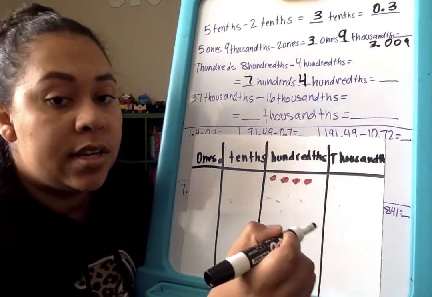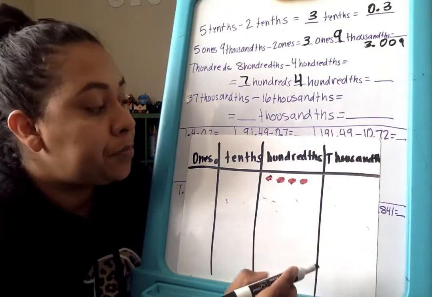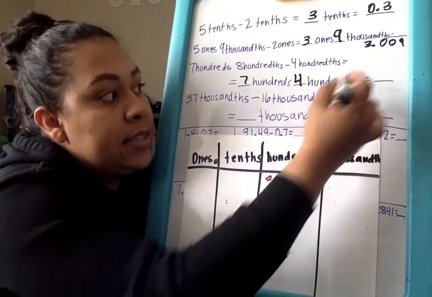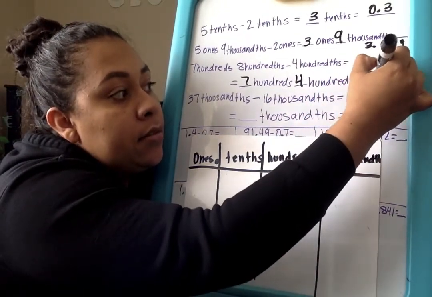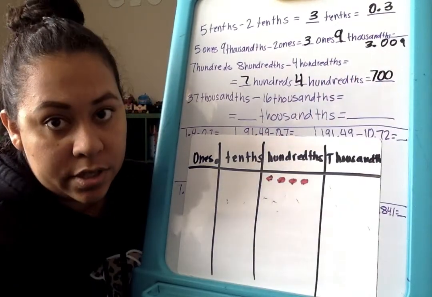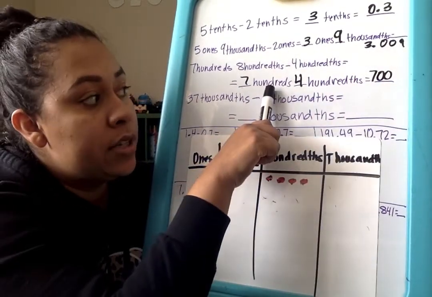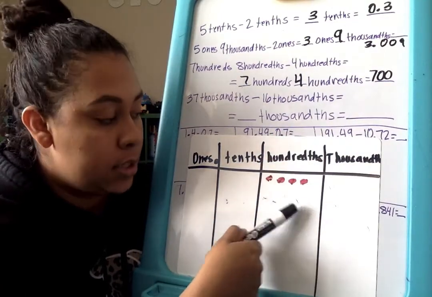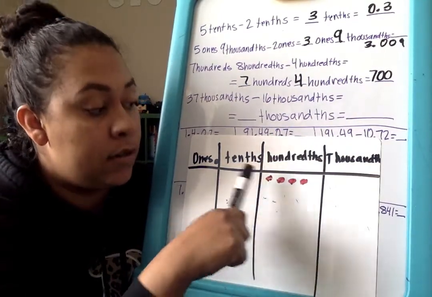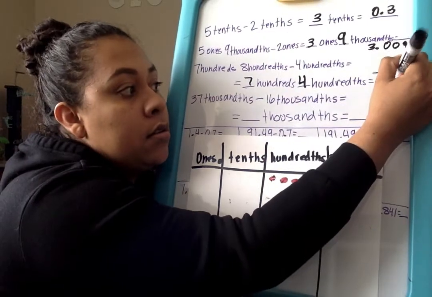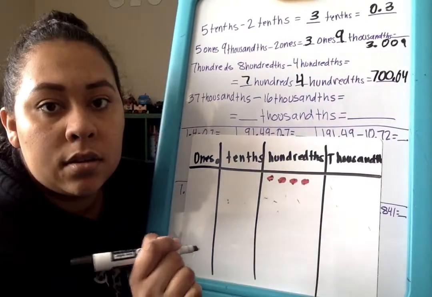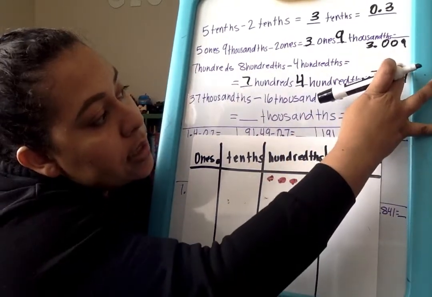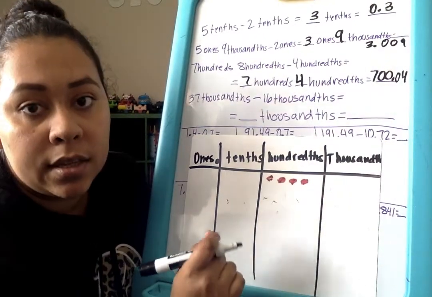Okay. So now write it in standard form. So that would be 700, right? 700 looks like that. 700 4 hundredths. So in order to show 4 hundredths, you would have to have decimal 0, 4. Okay, that's not a 6, it's a 0, so there we go.